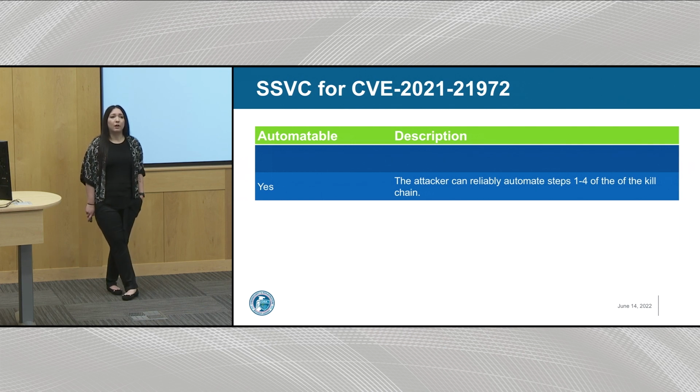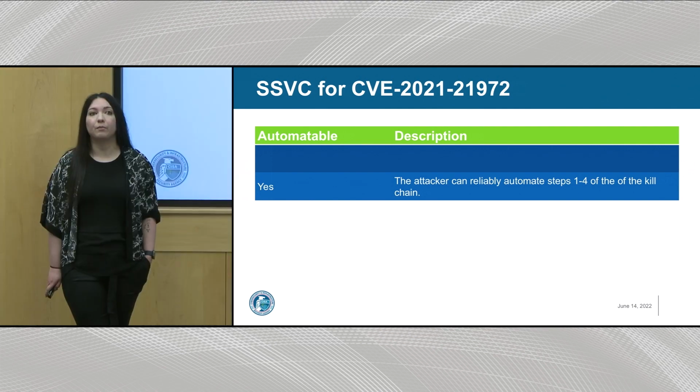So the attacker was able to perform exploitation via network access, did not require any privileges prior to the exploitation, did not require user interaction, and there were no other security barriers in place preventing the vulnerability from being automatable.